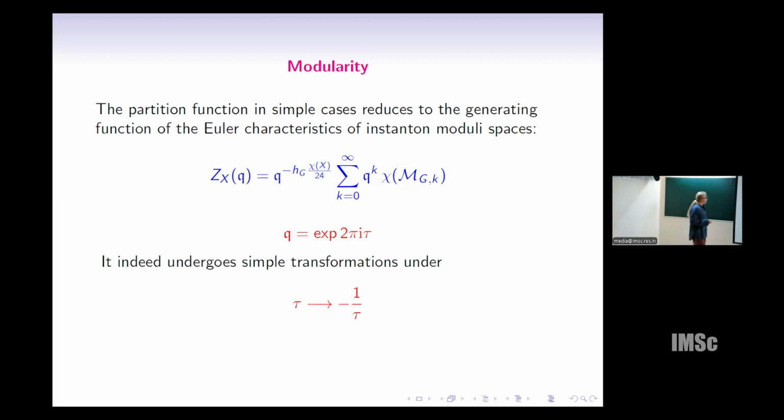And if you multiply it by some prefactor, which depends on the Euler characteristic of the manifold itself, this generating function becomes modular. So it transforms into itself, or it transforms in some simple way, under the transformation which maps tau to -1 over tau. Yes? Instantons on X. Instantons on X, yes, on this manifold.